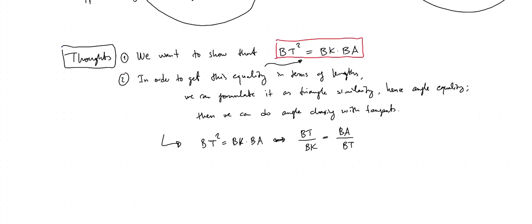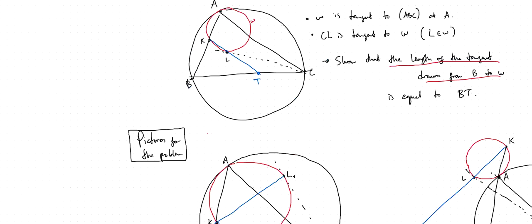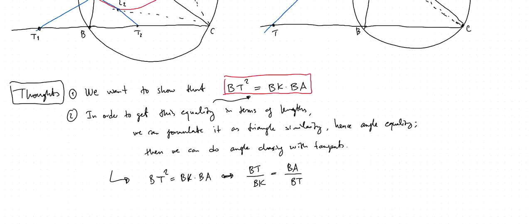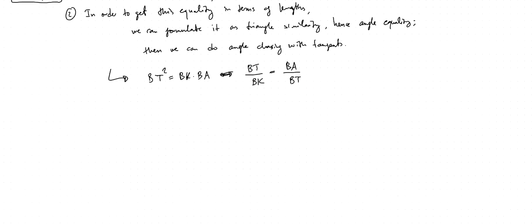Now, if you look at this figure, this angle is common, and the ratio BT over BK is the ratio BA over BT. If you have the same angle and the same ratio of sides adjacent to that angle, this is similarity, if and only if, right?